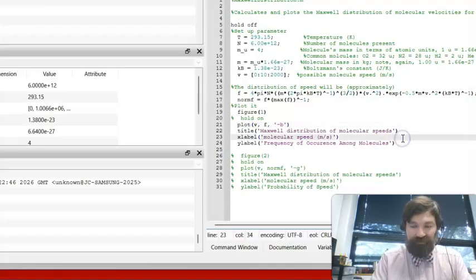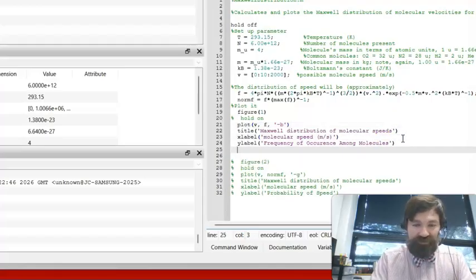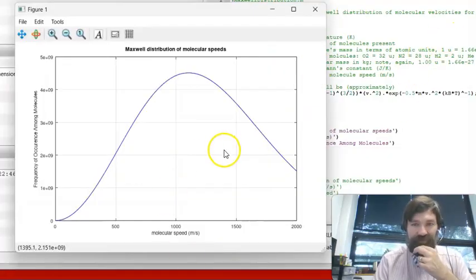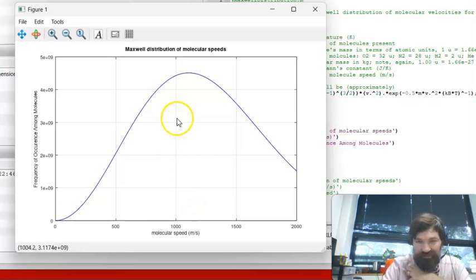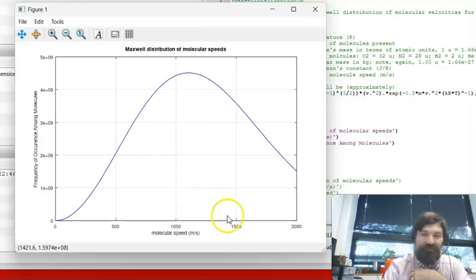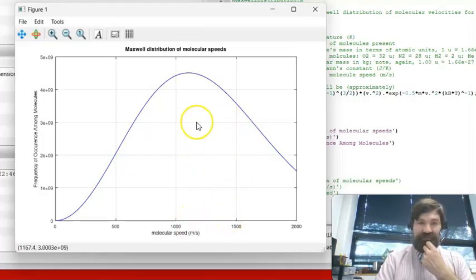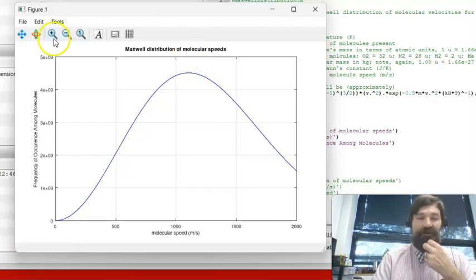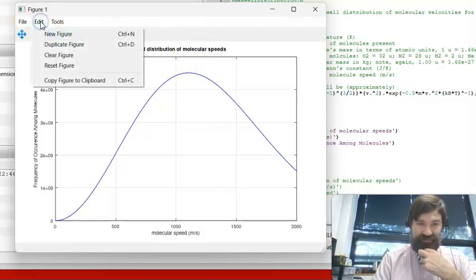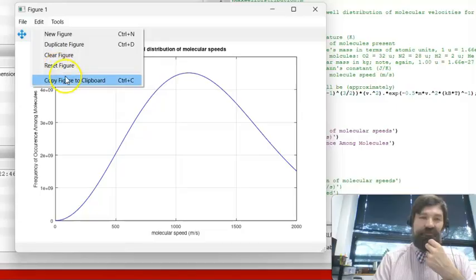If I ask it to put a grid on, grid on, then this replot gives us a nice little grid. Here's 1,000 on this vertical line. Here is 1,500. This looks like it could be a good fifth of the way between these two. So 1,100 is suddenly a very credible answer for our most probable speed.